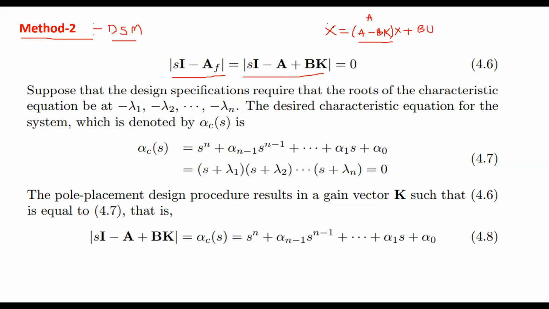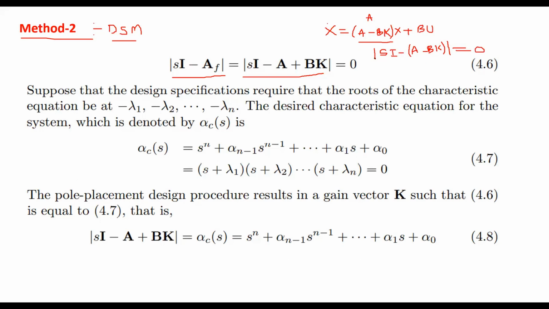What is the characteristic equation of this state equation? We already know that the modulus of sI minus the matrix, which is A minus BK, is equal to 0.